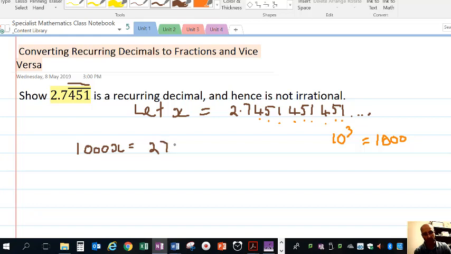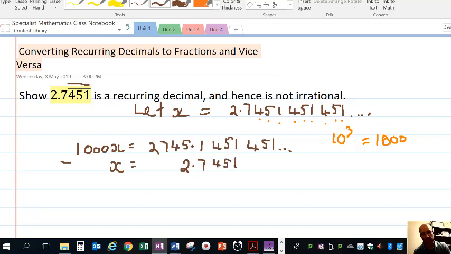Another way of saying it is the numbers have shifted, in reference to the decimal, to the left: 2745.1451451, ad infinitum. So we put x below it. This is going to be a subtraction, keeping all of your values.